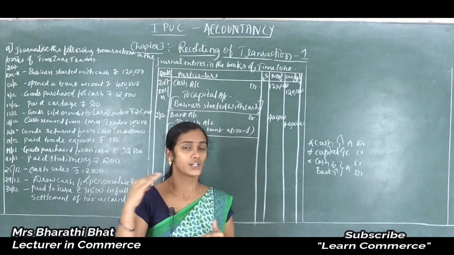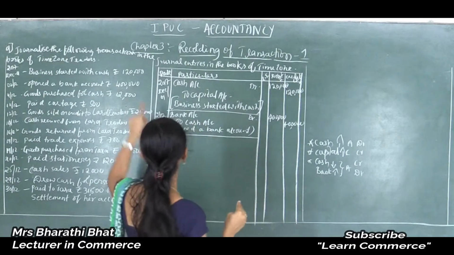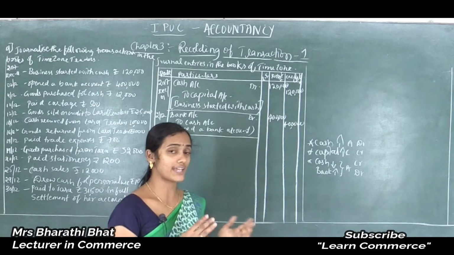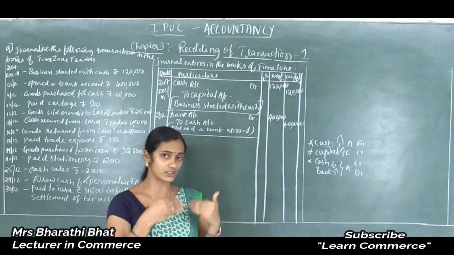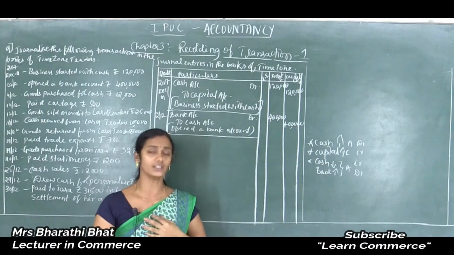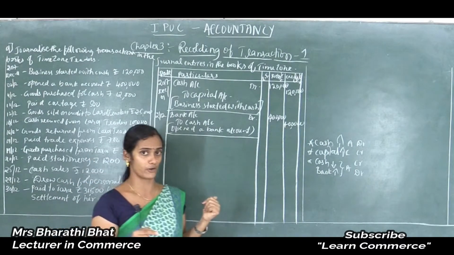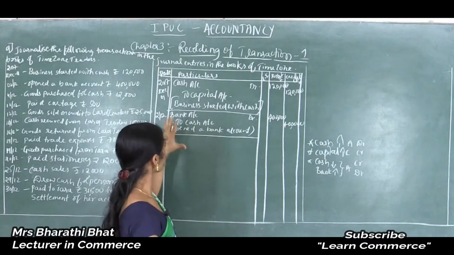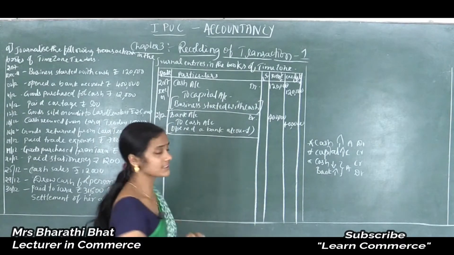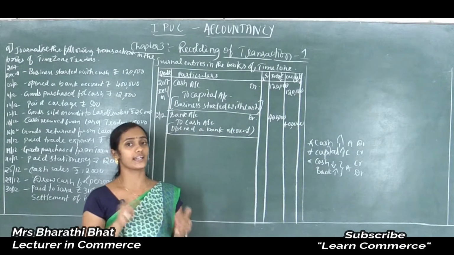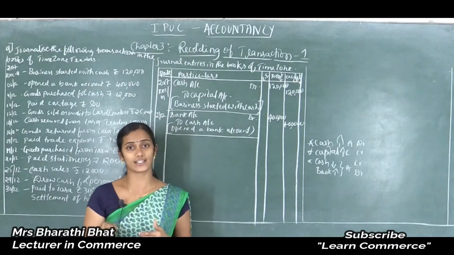Our expense shows increased value because we analyze from the viewpoint of the trader, not from the personal viewpoint. Getting my point? So when we purchase something, our expense shows increased value, and our cash shows decreased value.